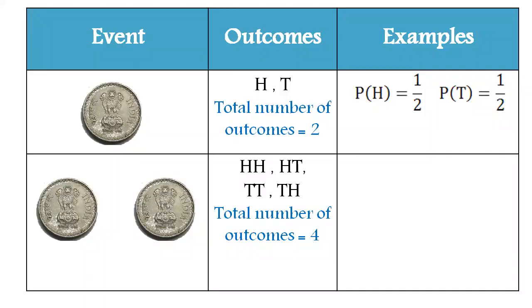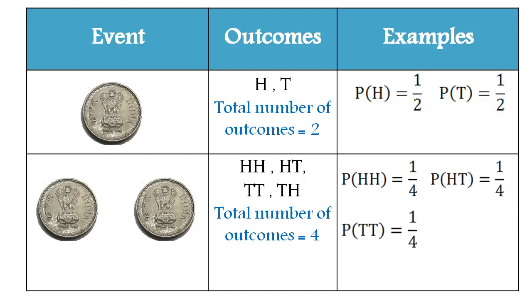So the probability of getting head head is 1 by 4. Probability of getting head tail is 1 by 4. Probability of getting tail tail is 1 by 4 and getting tail head is also 1 by 4.